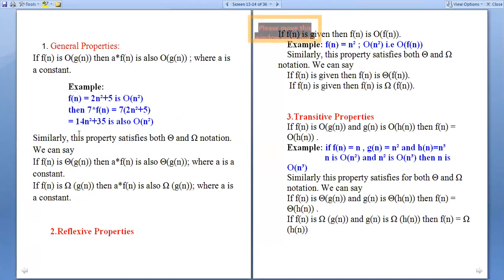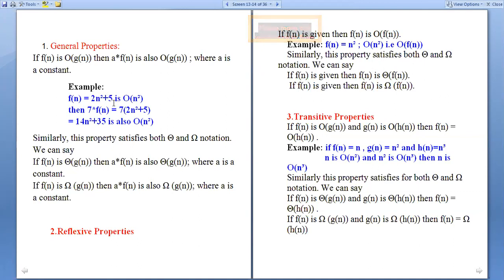See this example expression: f of n is equal to 2n square plus 5. Then you can represent this as big O of n square. Our function f of n is 2n square plus 5.